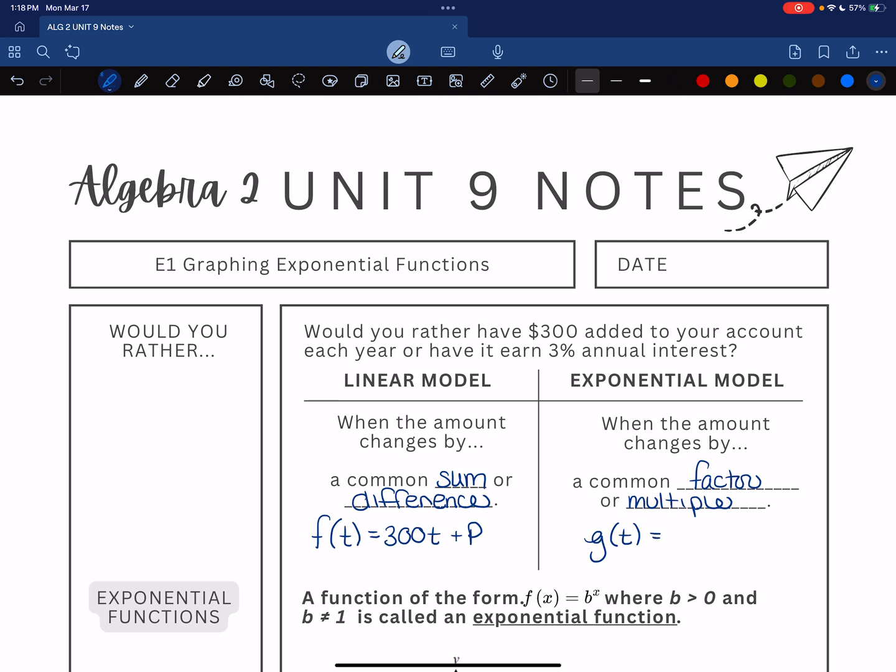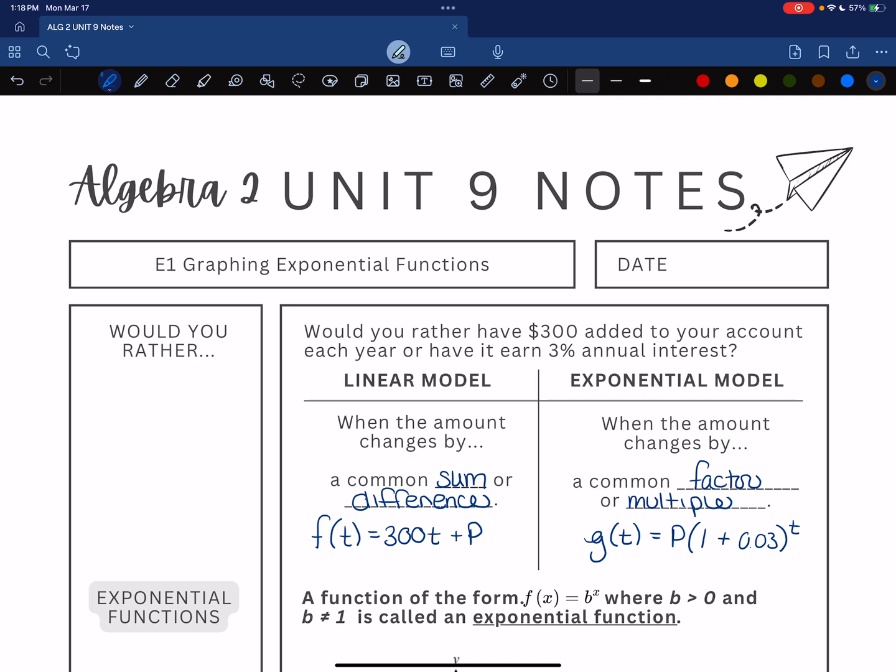It again depends on time, but what's happening here is we're taking a principal amount and we're multiplying it by the initial amount, or 1, plus our rate that we're earning each time, which is 3%, expressed as a decimal is 0.03. We're adding to our principal amount that interest rate, and it's growing according to t.